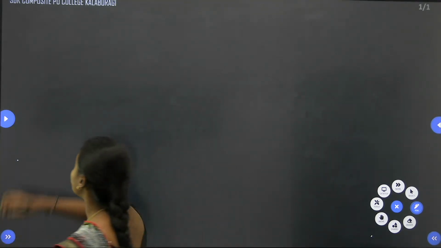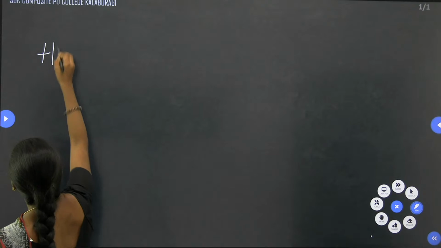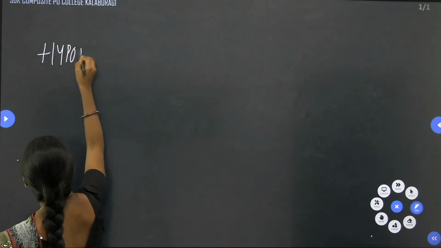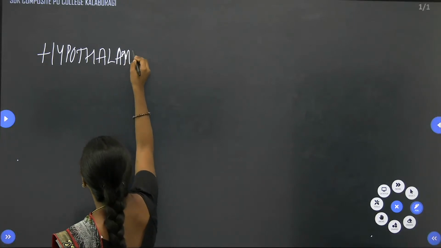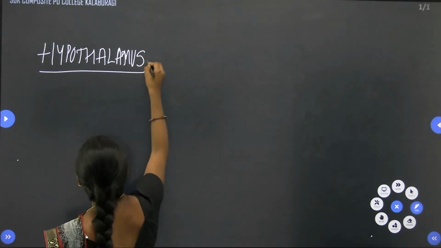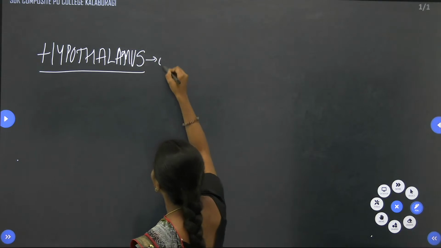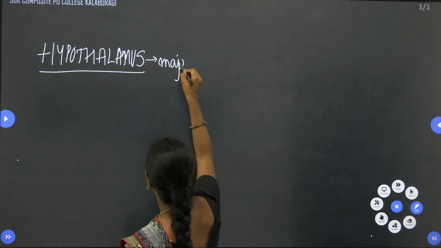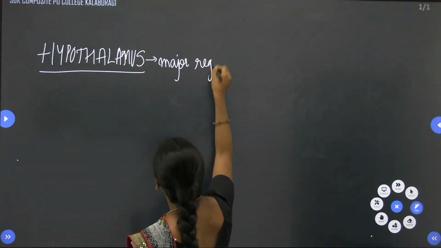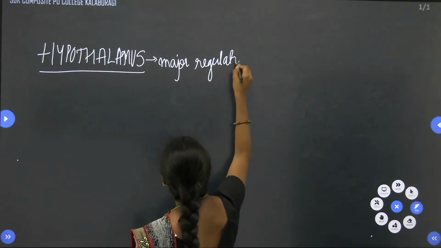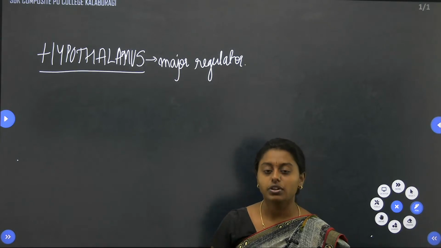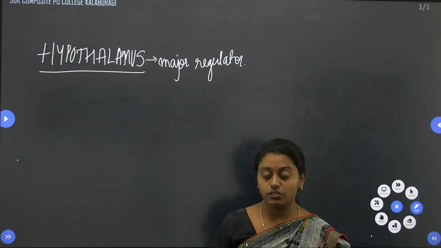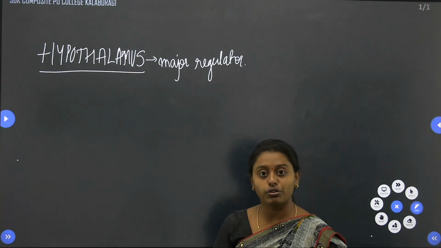Such a major organ is the hypothalamus, the major regulator within the endocrine system.